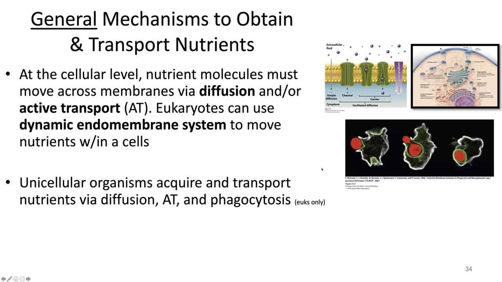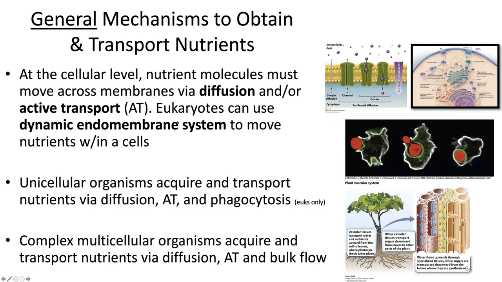Remember, phagocytosis is pinching off some cell membrane around another organism, or piece of food or nutrient, to engulf it, and then it can be broken down further within the cell. Phagocytosis requires a dynamic endomembrane system, and only eukaryotes can do that.